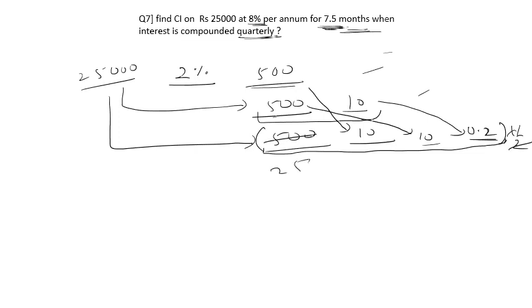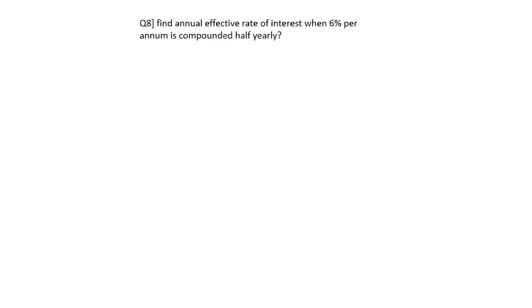This is 250, this is 5, this is 5, this is 0.1. So simply add all of this. By adding all of this, I am getting 1270.1. This is my answer. Let's move to the next page.